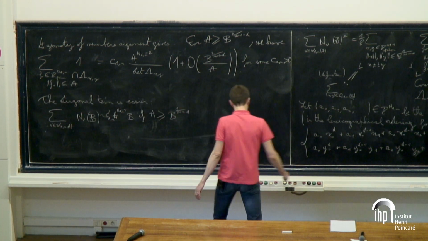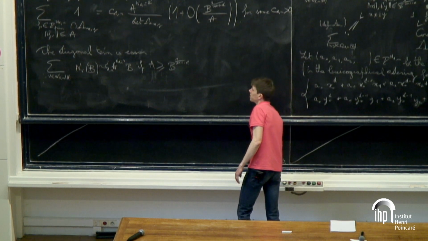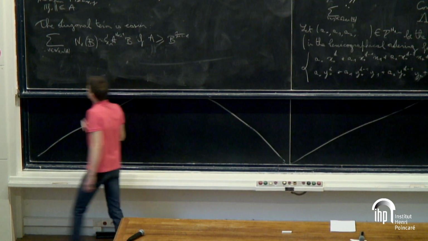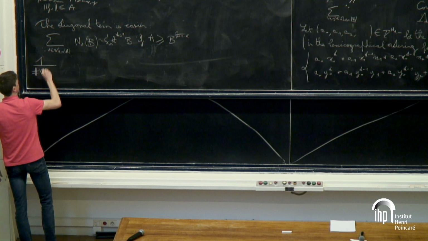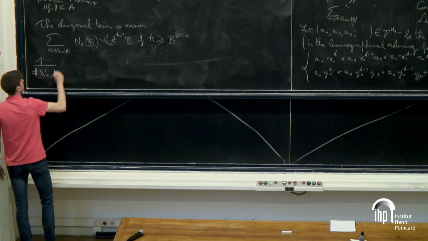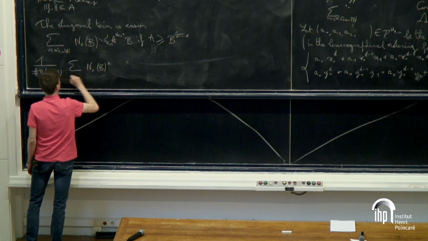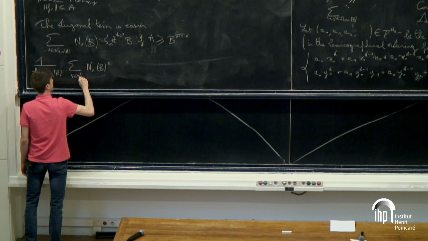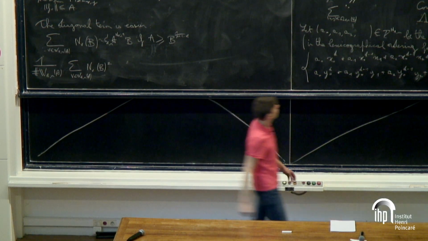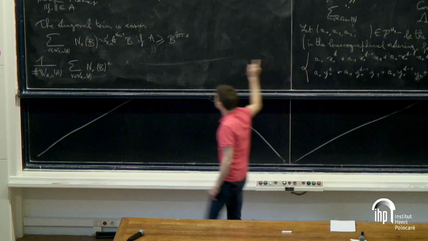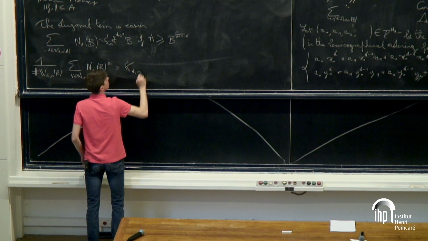Okay, so let's sum up what we've done so far. If I divide by the cardinality of V_N(A) the sum of the global counting function squared, we've proved that it's some number, let's say k_dn.